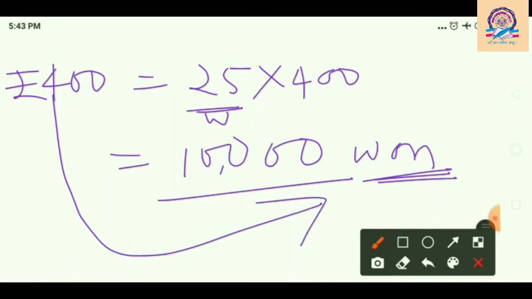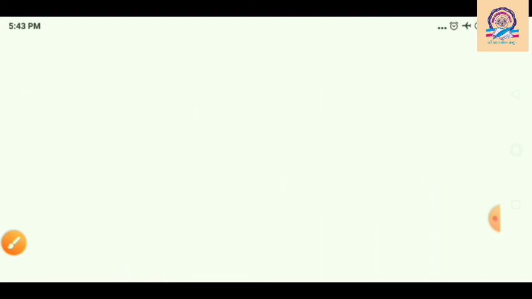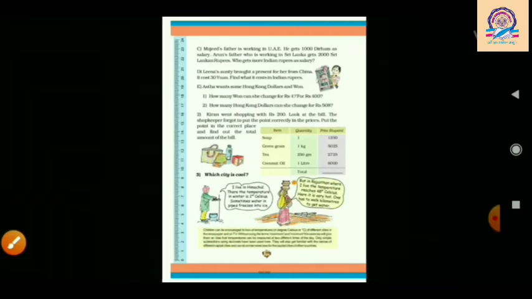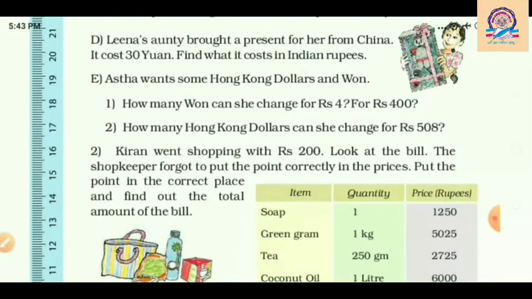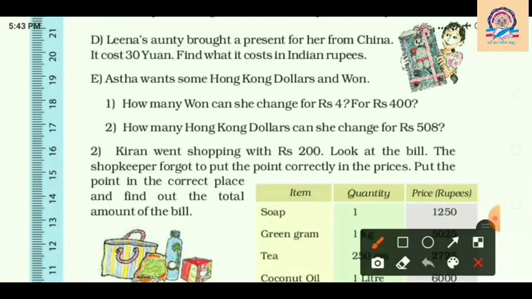Okay, Korean won. Now the second question is, so what is the second question? Let's know it. How many Hong Kong dollars can she change for 508 rupees? So Hong Kong dollars. So for that we have to know that 1 Hong Kong dollar makes how many Indian rupees?